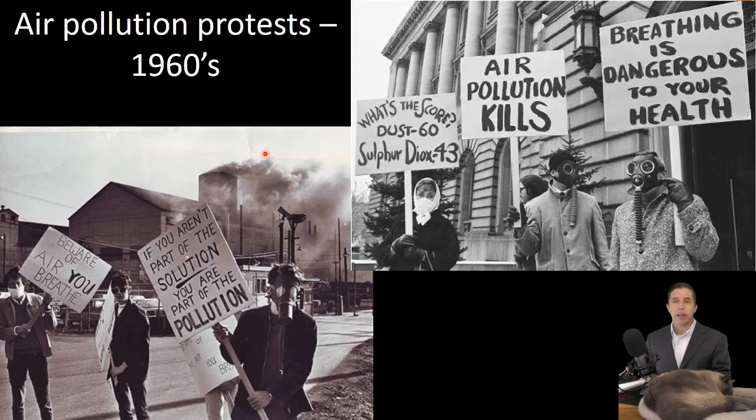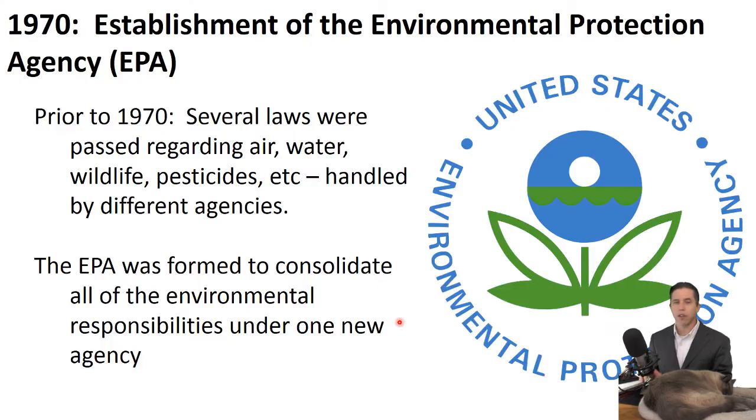Well, a lot of things are happening in the late 60s, early 70s regarding air pollution. In fact, regarding pollution in general, there was this sort of environmental movement afoot, and people were protesting about the poor quality of the air. So here's some photos from those times. And there's a bunch of little laws that are kind of being passed. But in 1970, they established the Environmental Protection Agency.